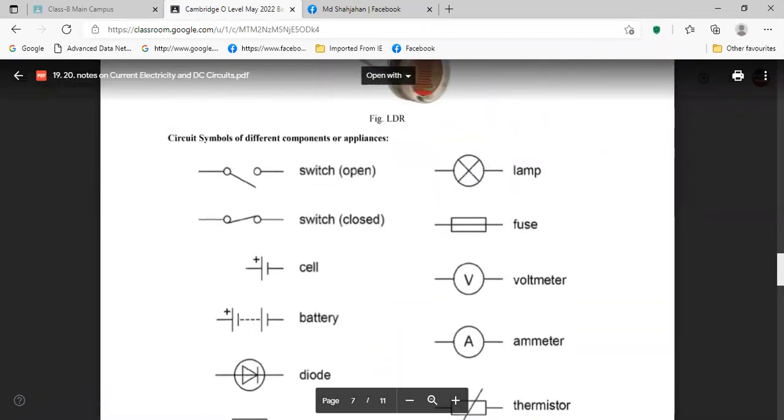You write the topic name, topic 20, DC circuits. At the beginning of DC circuits, we have some circuit symbols.